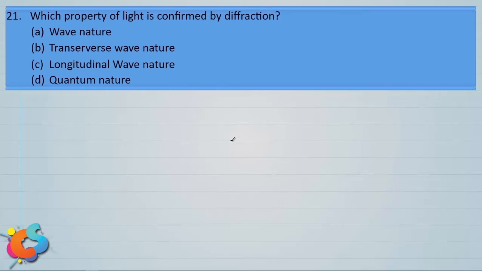However, polarization is the sure test for determination of the nature of wave because only transverse waves undergo polarization but not the longitudinal waves. So, when it comes to diffraction, you can only confirm the wave nature of light but not the nature of the wave. Therefore, option A is the correct answer, that is wave nature of light.